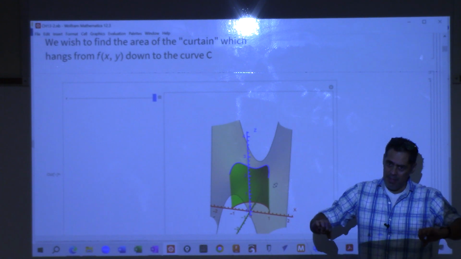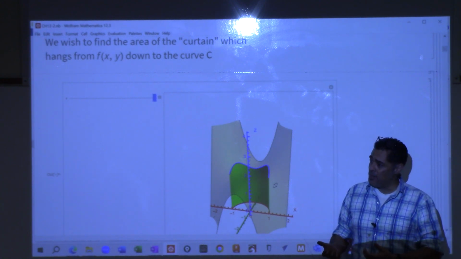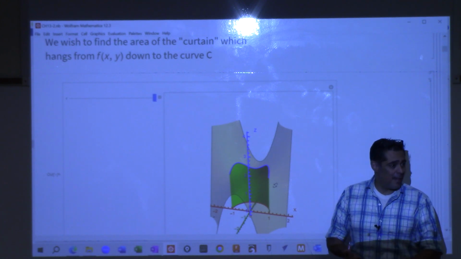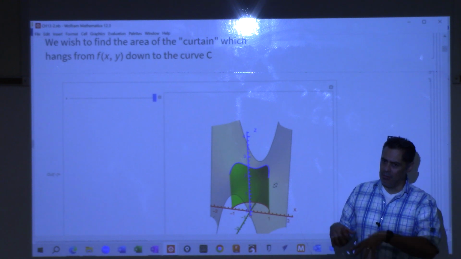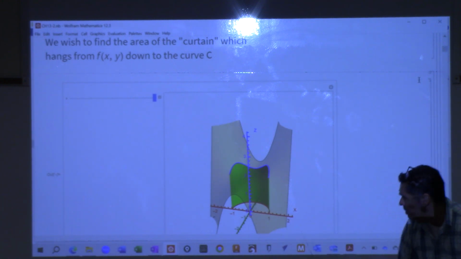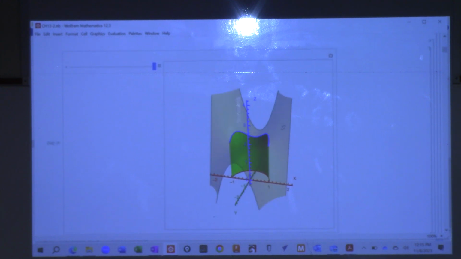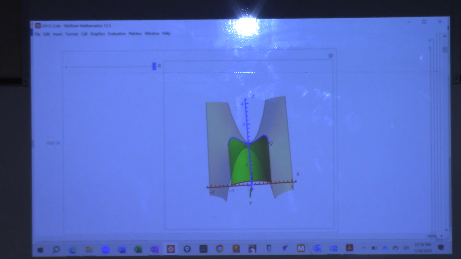Then we could use this integral to figure out the mass of it. We could find the center of mass, the moments of inertia, all that stuff. So there's a value to this. But geometrically, does it seem reasonable that we should be able to do this, find the area? This is no longer a volume, it's an area.